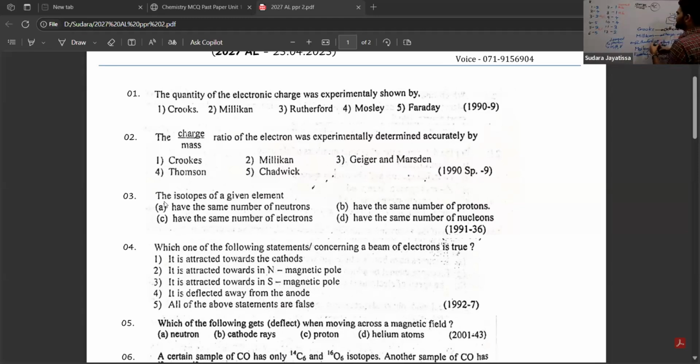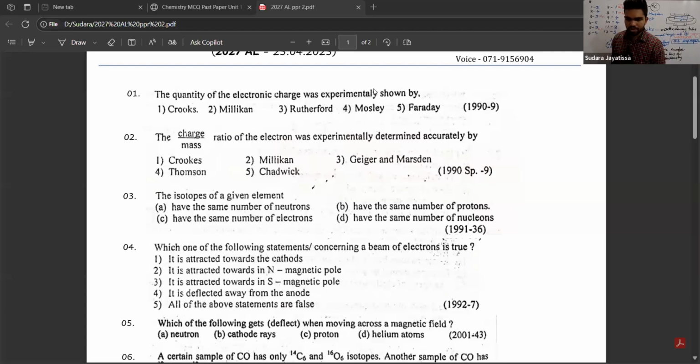Then you can write about Geiger and Marsden, and then we have Chadwick. These names of scientists are somewhat important because they are asked in the MCQs. Some MCQs like that will be there in your papers.